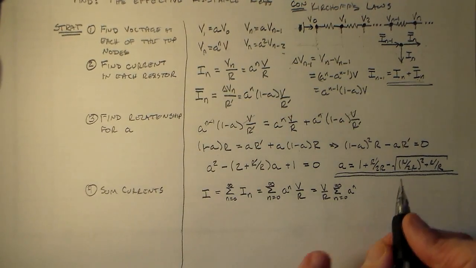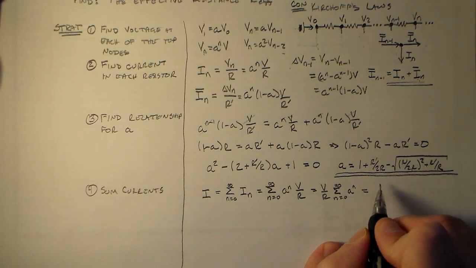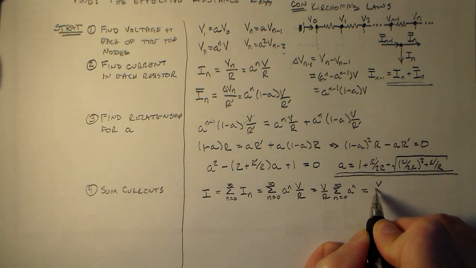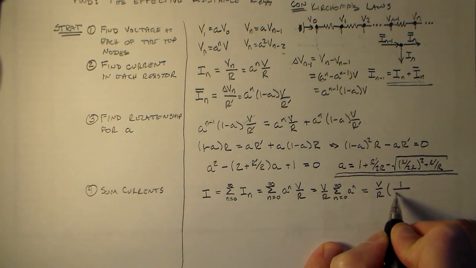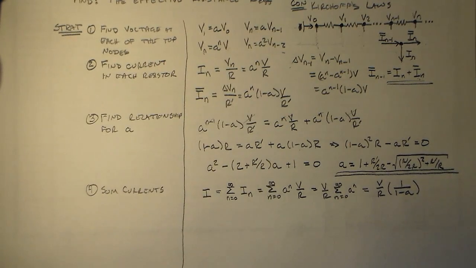We know what that sum is. That's 1 over 1 minus A, right? So we have V over R times 1 over 1 minus A. Fairly simple result. It's something that we can use readily. So I think we're pretty happy with that.